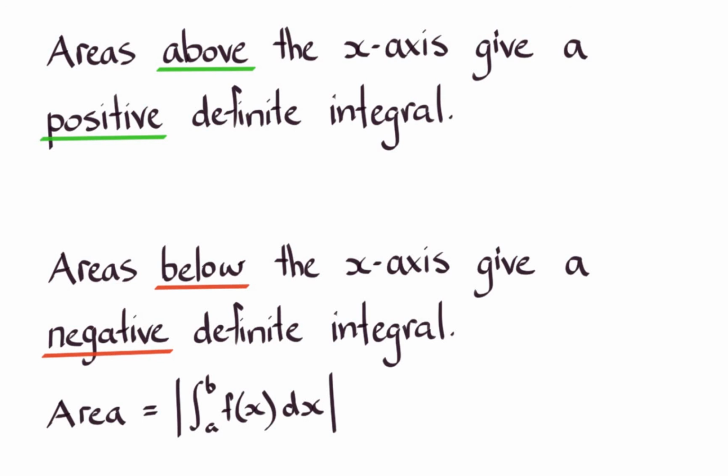And so when we are trying to find the area below the x-axis, we need to take the absolute value of our integral. Now, it's all well and good if our area happens to be completely above the x-axis or completely below the x-axis, but what about if we've got a mixture of both?